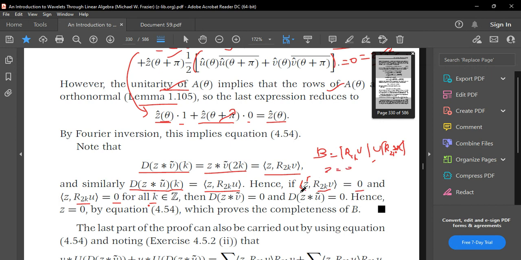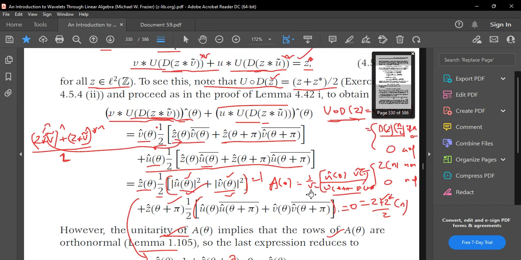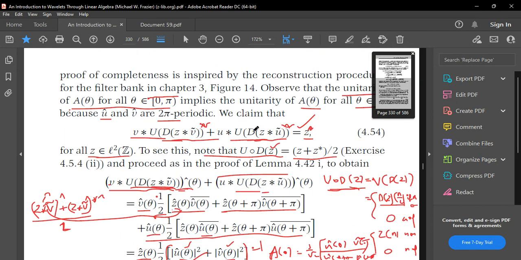So taking that this fact is equal to 0 and this fact is equal to 0, but this fact is equal to d of z star v tilde. So applying here, we will have d of z star v tilde equal to 0 from here, and d of z star u tilde will also be equal to 0. That is, we have proved this expression. Here d of z star v tilde will be 0 and this will be 0.